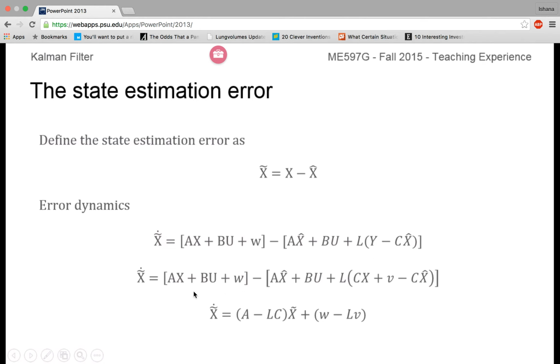And minus L times C times x minus x hat, which is again x tilde. And that is this leftover term of L times v, which is here. So our error dynamics is basically x tilde dot equals A minus LC times x tilde plus w minus Lv. This here is the noise term, and this we get from our observer gain and our process model.